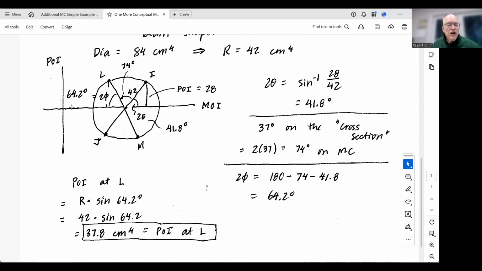So we actually don't know where the circle is located on the moment of inertia axis. So we don't have enough information to get the center or Imax or Imin. All we have is basically the information to get product of inertia values. Interesting.